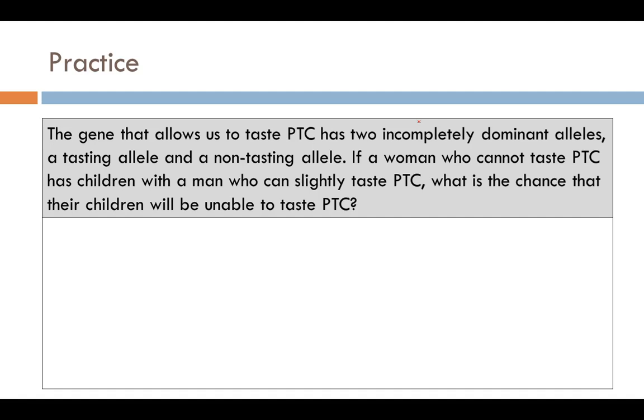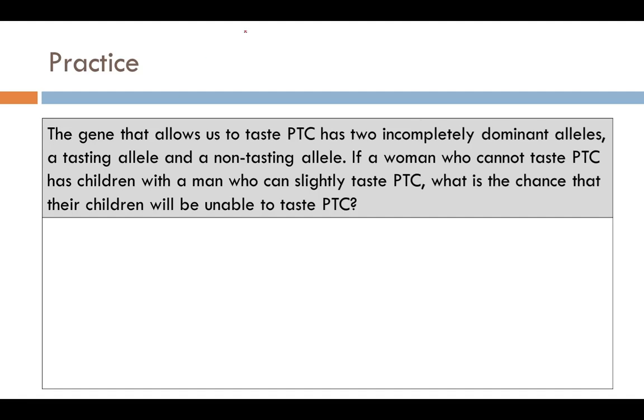When we were doing completely dominant examples, we represented our alleles with capital and lowercase letters. Typically with incomplete and codominance, the standard way of doing it is to represent the alleles with different capital letters, because they're both dominant. So we can choose whatever we want.